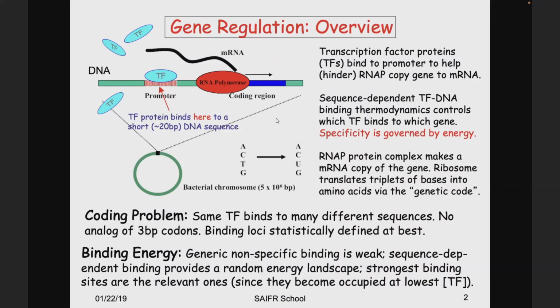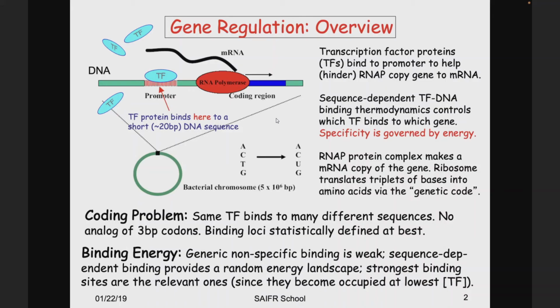And if it finds its conjugate stretch of DNA on the genome, it'll bind to it. And those are the so-called promoter regions. And they're always near the start, the beginning of the coding region. And they then turn on the transcription of that gene.